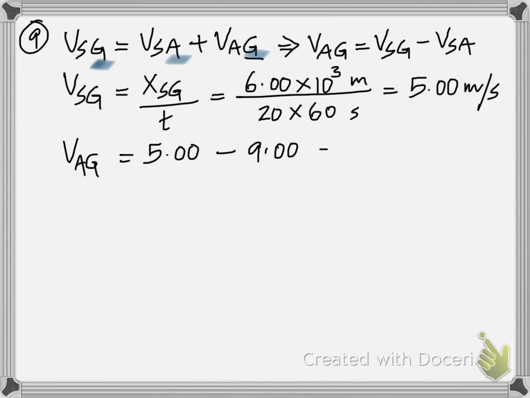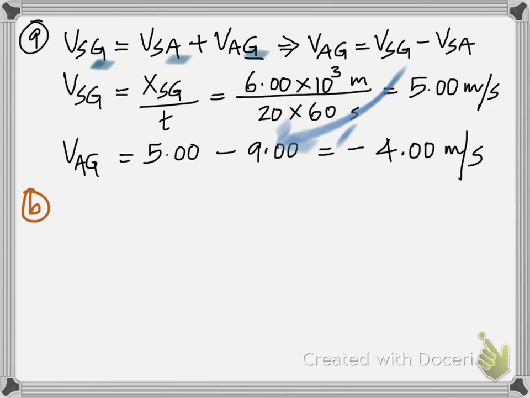This is when we're using this formula: 5 minus 9. That gives you negative 4 meters per second. Of course, the negative shows that the wind was blowing opposite to the direction in which the bird was moving. That's what this negative shows, in the B part.